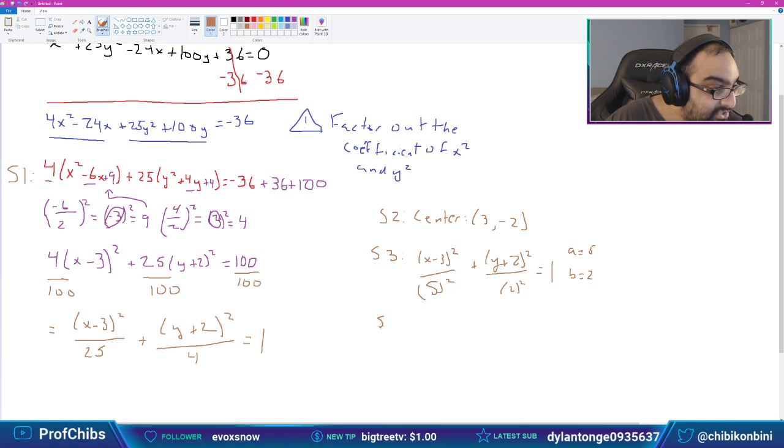Step 4, I know I'm going over this rather quickly, I'm just running out of time here. The major axis is going to be your x-axis, and then your minor axis will be your y-axis.